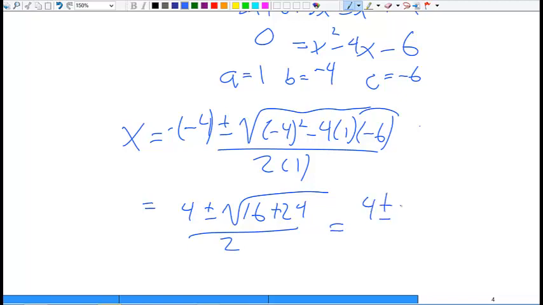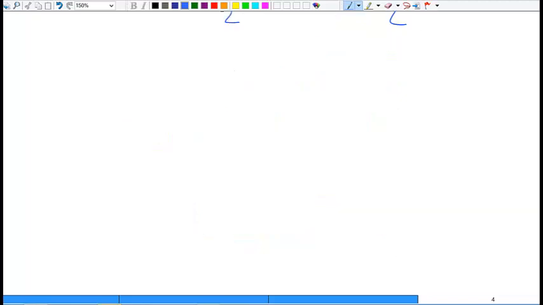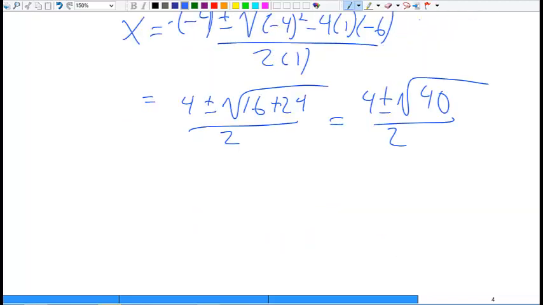That's 4 plus or minus, and 16 plus 24 is 40, all over 2. Oh, too far. All right, so that's 4 plus or minus, and then 40 we can break up into 10 times 4. Sorry, I just realized you can't see that off the screen.